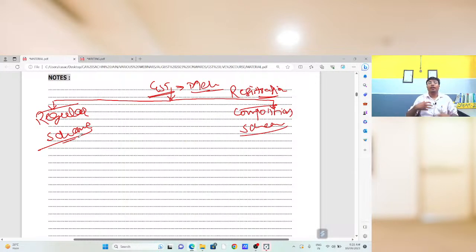When my turnover exceeds a specified limit, that is 20 lakh rupees, 10 lakh rupees, or 40 lakh rupees, depending on the state and the activities, in that case, I need to take the GST registration. Now, when I am liable to take the registration, I have certain options: I am going for the regular scheme, or I am going for the composition scheme.